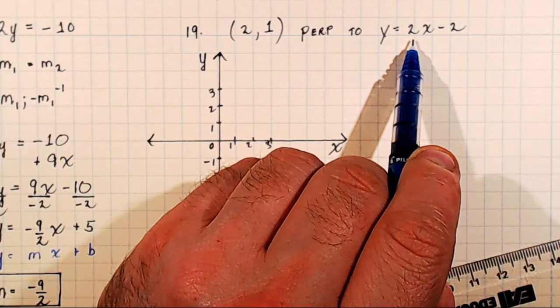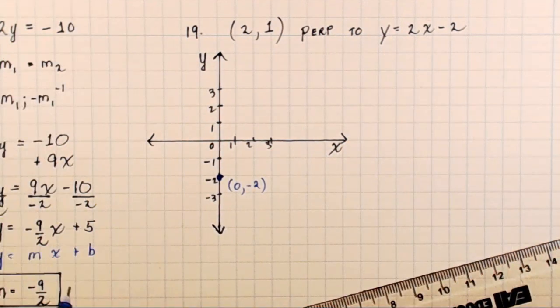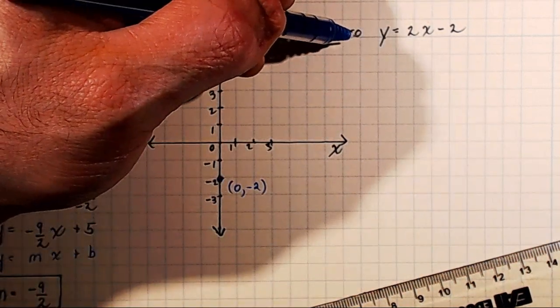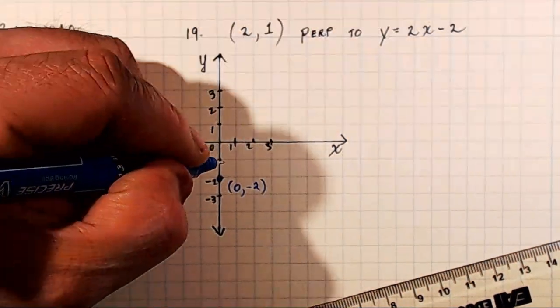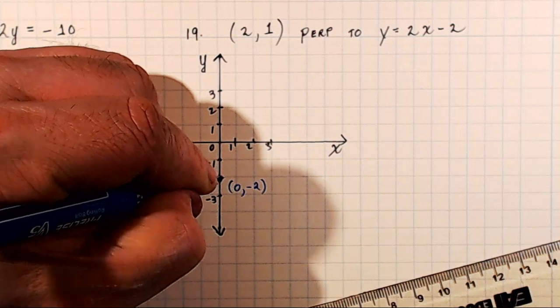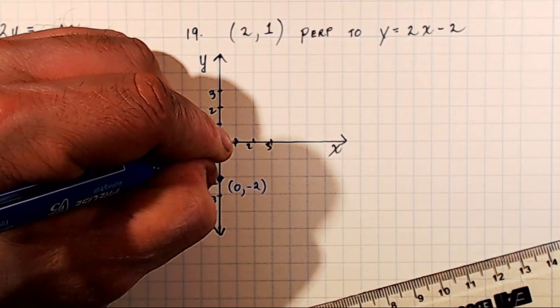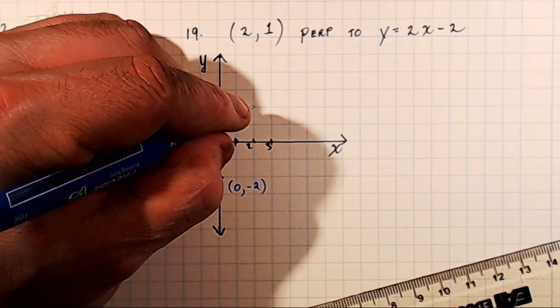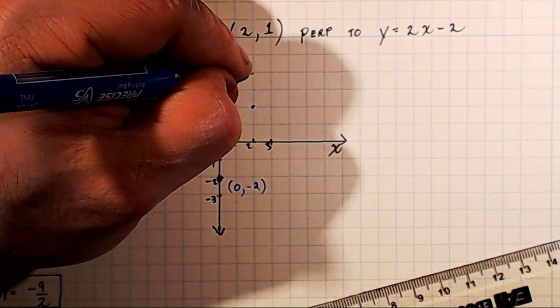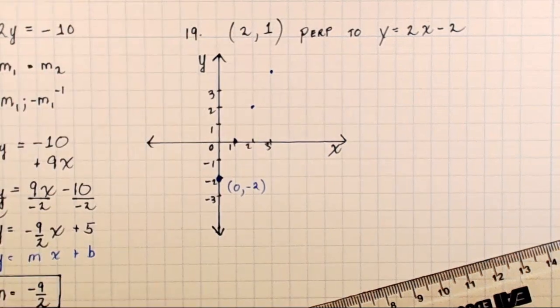M is 2. So if m is 2, then my rise is 2 and my run is 1. I'm going to go up 2 over 1 to the right. So starting from my y-intercept, I go up 2 over 1 to the right, up 2 over 1 to the right, just like that.